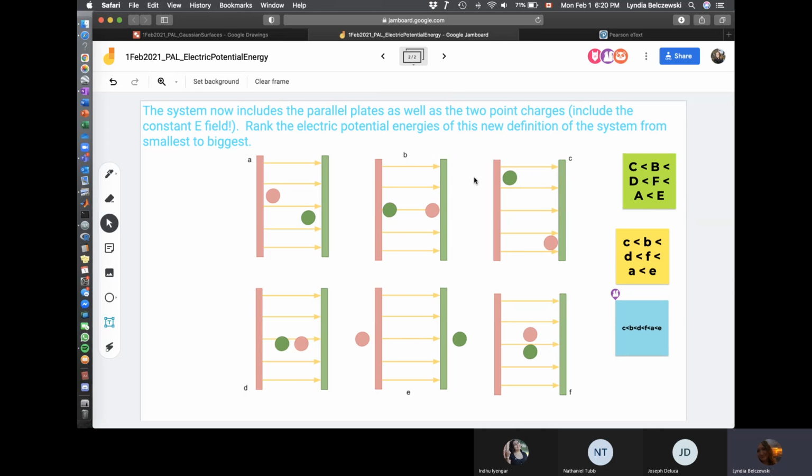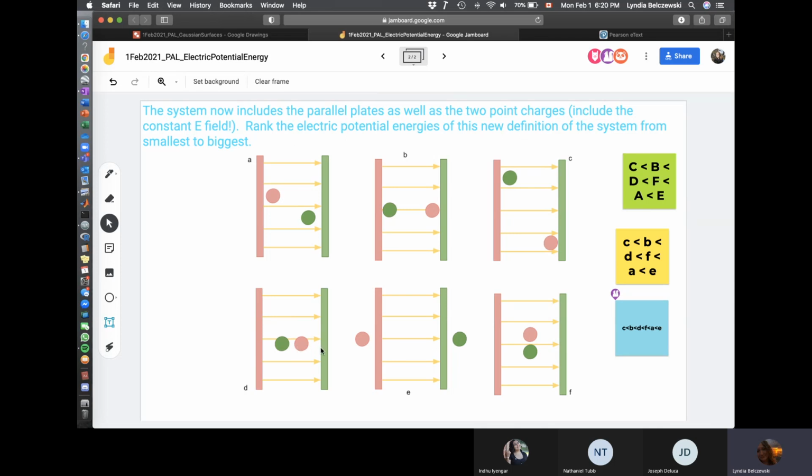To contrast, in system D here, the negative point charge is close to the positive plate, and the same, but opposite, goes for the positive point charge. And so if you were to put these charges in this position between the plates, they'd probably just sit there, because the green charge would be approximately balanced out by the positive plate and the positive point charge.